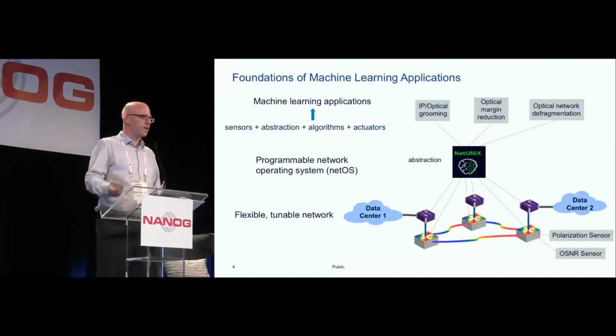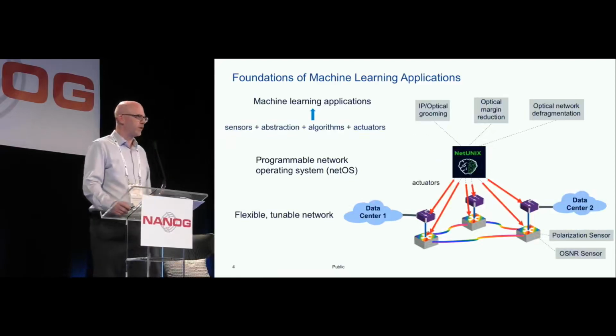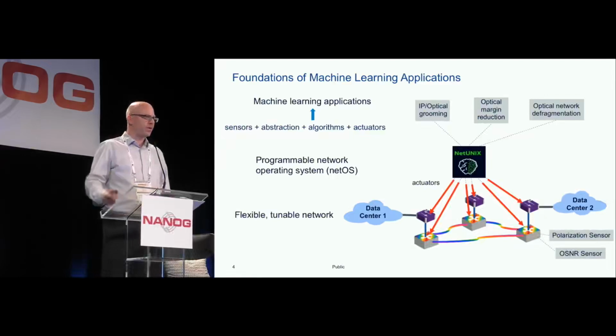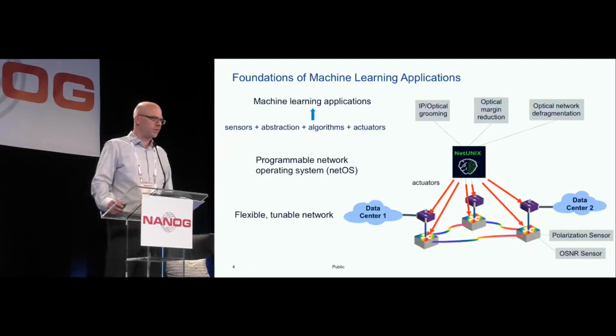For example, for optical margin reduction, we need to be getting some OSNR data and that kind of thing. So we run the algorithms on top, and then actuators actually control the network. You may have some algorithms that could be running down on the network elements themselves, like a polarization sensor and the OSNR sensor. I'll be discussing some of those functions as I go.